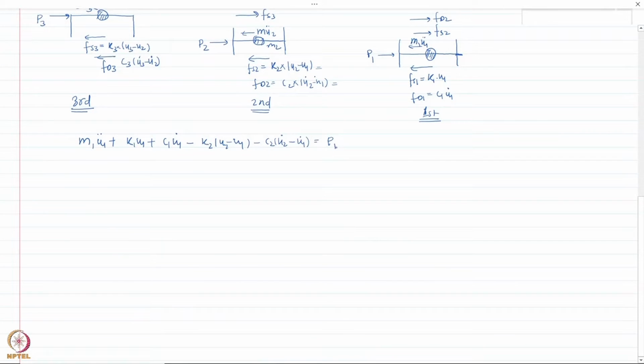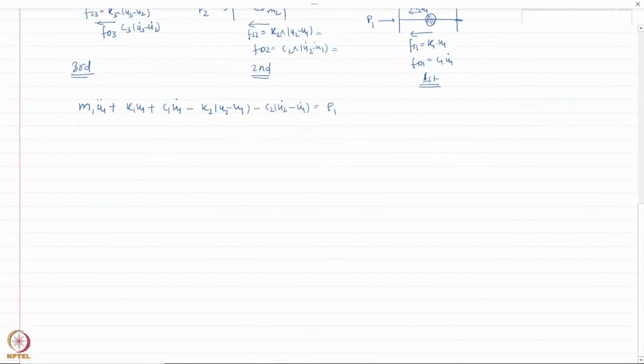So we can write it in this form, and then let us combine the similar terms together. So this is m1 u1 double dot plus k1 plus k2 times u1, minus k2, and there is no dot here, it's just the deformation.